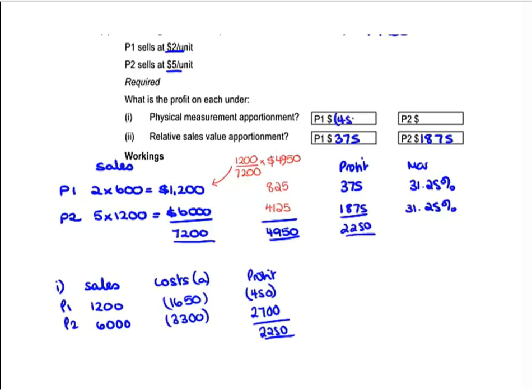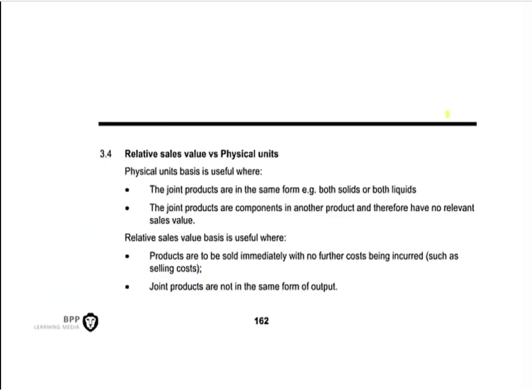And as I said before, if you use the relative sales value as a way of apportioning the costs, then you're guaranteeing that if the joint process is profitable, that the individual products will be. And that is why we have to think about the differences between the two types of units.